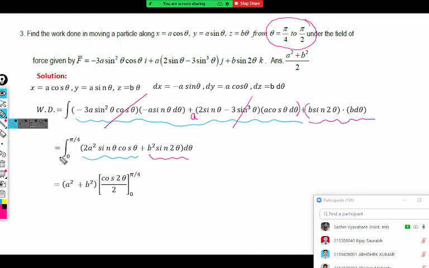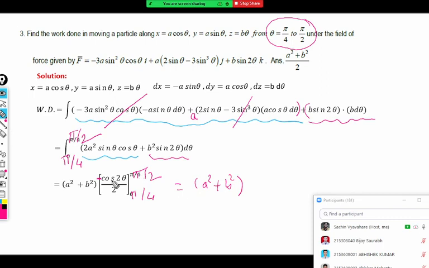So the first thing, the limits are not correct here. Pi by 4 to pi by 2 should be the limit. And here is a minus sign, minus cos 2 theta, and the limit should be pi by 4 to pi by 2 again. Now a square plus b square is as it is.